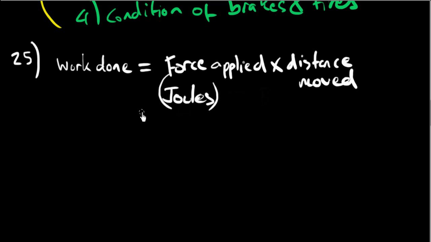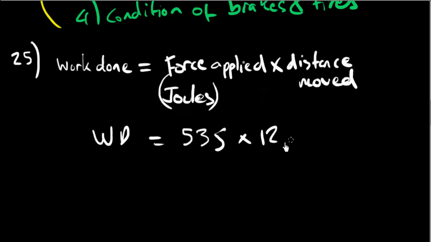In the second part of the question it says a crazy dog drags a big branch 12 meters over the next door neighbor's front lawn, pulling with a force of 535 newtons. So they tell you everything you need to know, and then you can say, okay, the work done is going to equal the 535 newtons which the dog is putting into his work, times 12 meters of the branch.